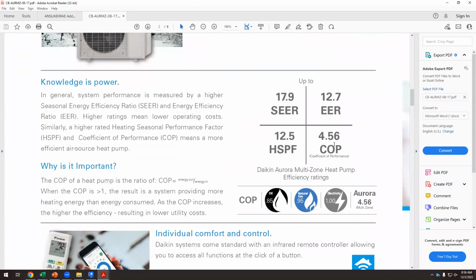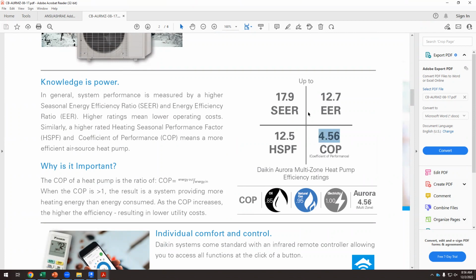Daikin. Okay, so in this case, we have this coefficient of performance of 4.56 according to this brand. You can use Daikin, Mitsubishi, well, there are thousands of brands for heat pumps, or Carrier, it's a French one.